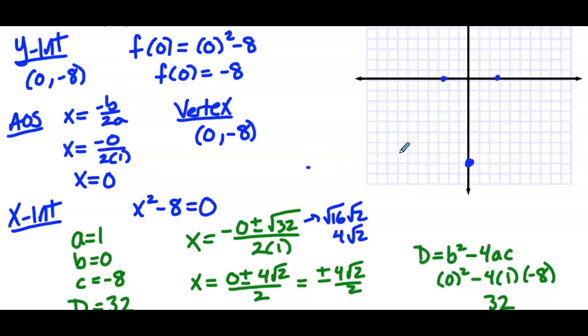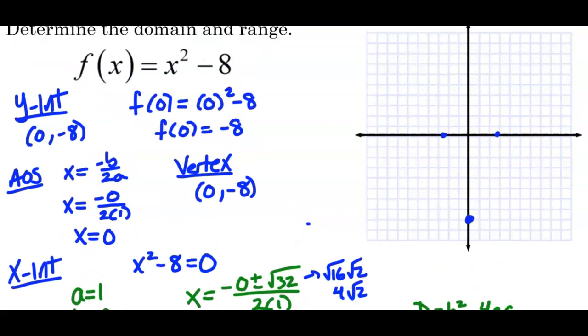Now that's only 3 points, and we need 2 more to define our parabolic curve. So we can plug in x equals 2. So if we do that, f of 2 is going to be 2 squared minus 8.